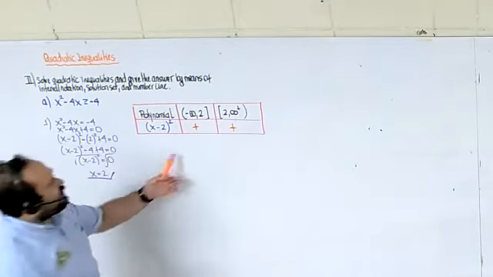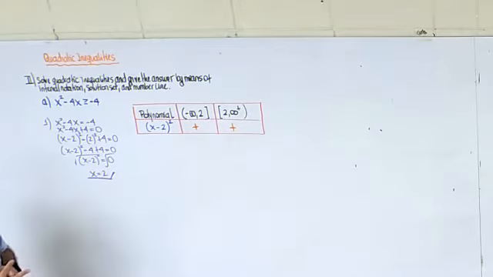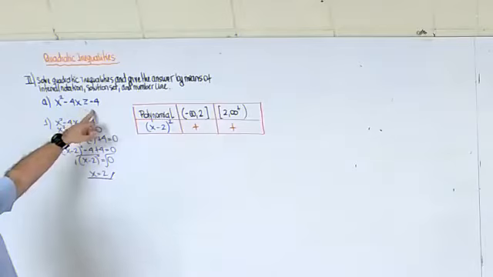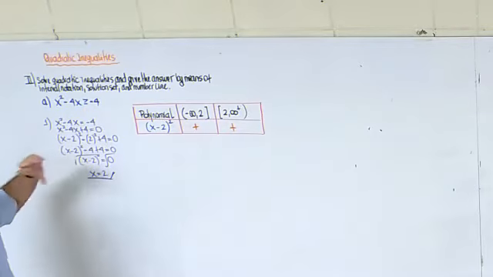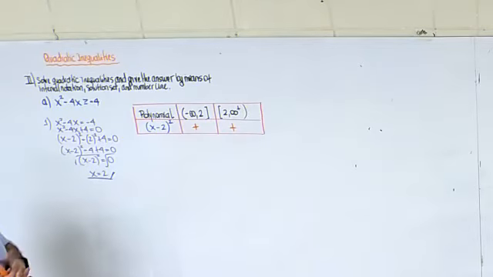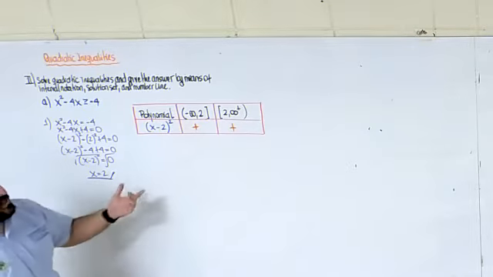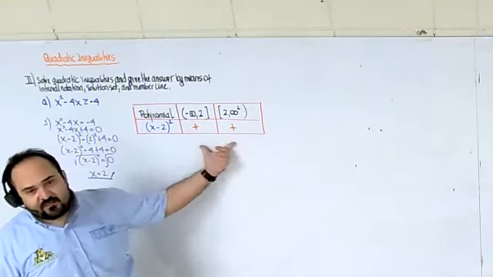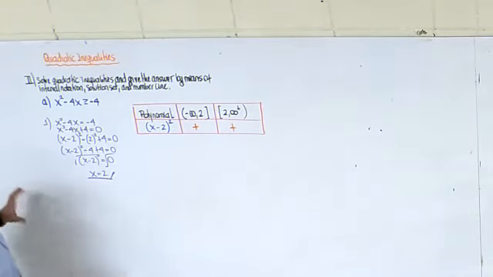Okay, according to this situation, the problem says this value is supposed to be greater than or equal to -4, and it gave us positive. So we can draw the number line and say both are supposed to be true, or both are supposed to be false.